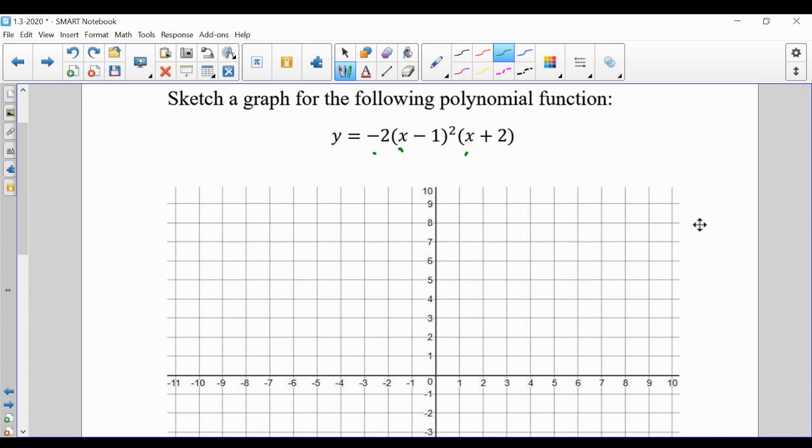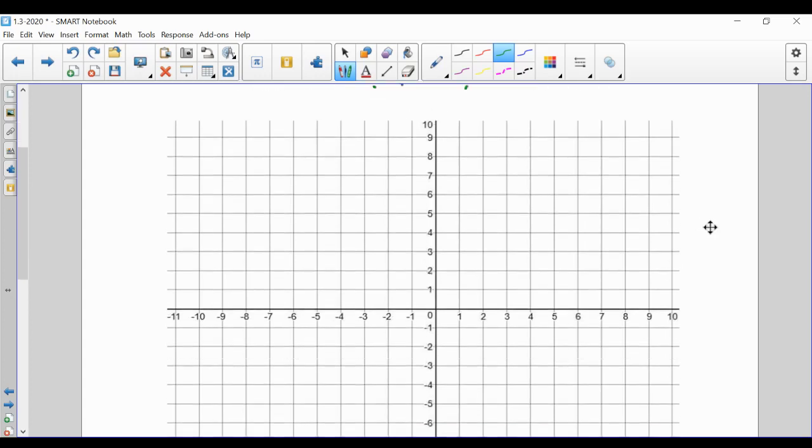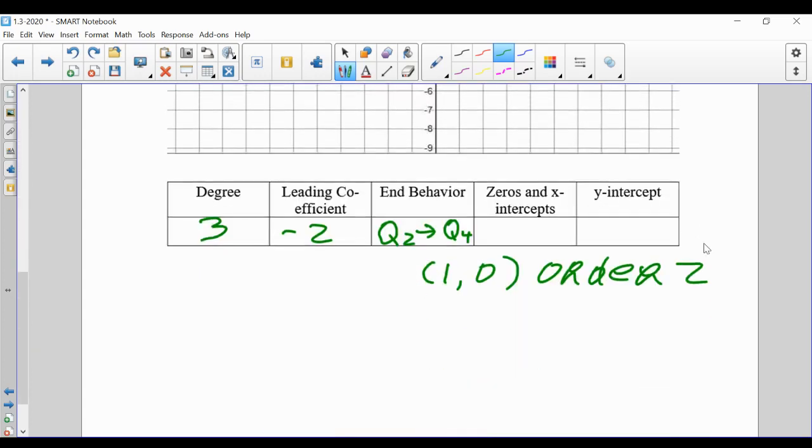The other 0 would be a minus 2, order 1. Well done. Minus 2, 0, order 1. So those are my 2 zeros. That answers this question right here. Okay, we're rolling along. We still have to get one more thing for us to draw this, and that's the y-intercept.